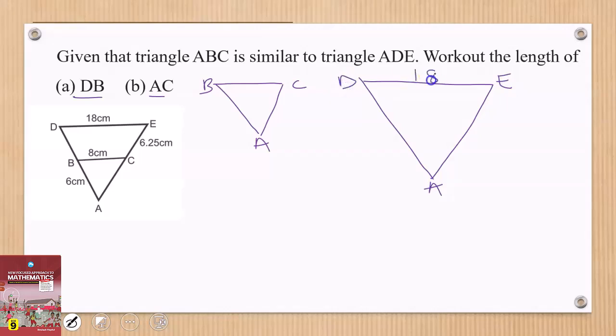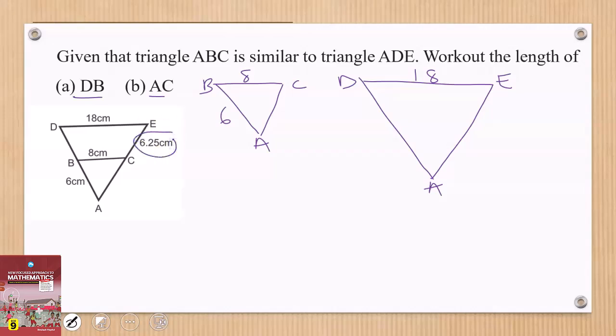Now I know here to be 18 according to the question, and I know here also to be 8. I know the side here, that is AB, to be 6, and I know the side CE to be that. The CE cannot be tracked from here, so we leave it like that for now. We just keep this one as it is.